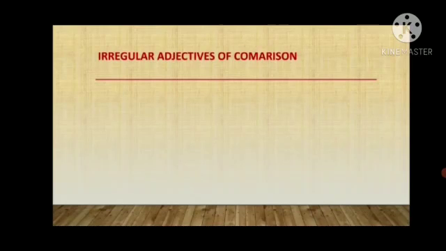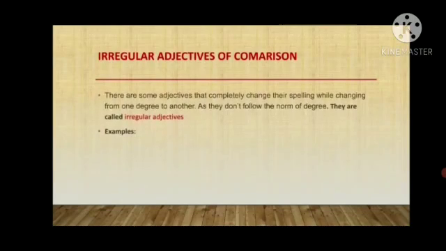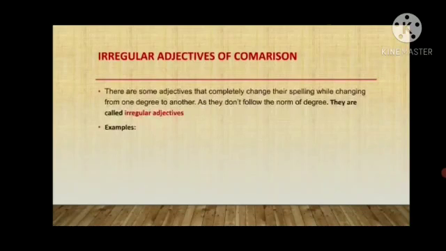There are some adjectives which are called irregular adjectives. Now here we will see the concept of irregular adjectives of comparison. There are some adjectives that completely change their spelling while changing from one degree to another, as they don't follow the norms of degree. They are called irregular adjectives.